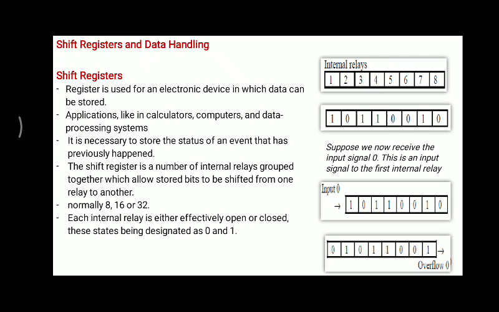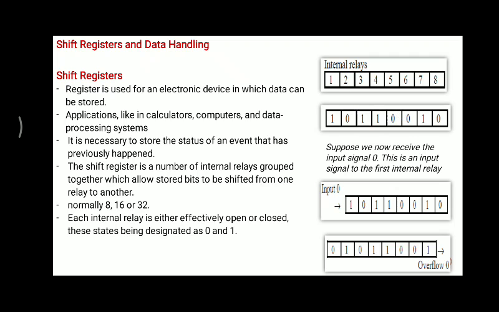Now suppose there is an insertion of a 0 input at the first place. What is important is that this shift register goes on changing every location. So this 0 will move into the first place, this 1 will move onto the next place, this 1 will move onto the next, and like that.